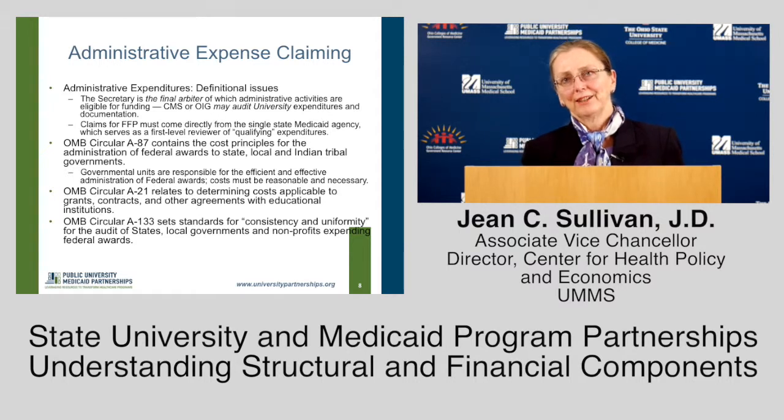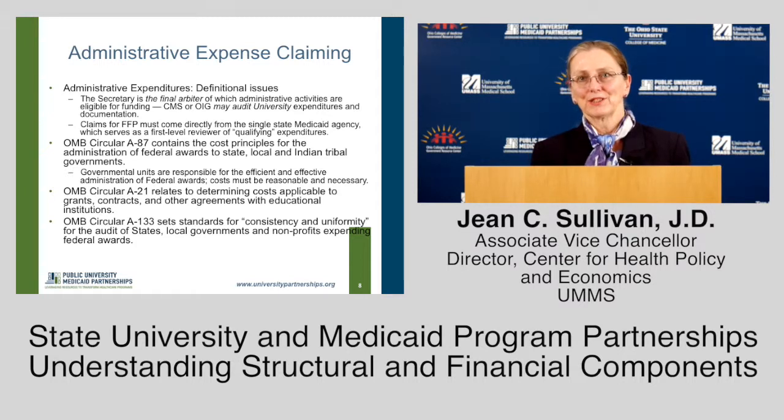However, the final arbiter of what is recognized as necessary to the proper and efficient operation of Medicaid is the Federal Oversight Agency, which is the Centers for Medicare and Medicaid Services, or CMS, and the Office of Inspector General for the U.S. Department of Health and Human Services also is involved in the oversight of the Medicaid programs nationwide, and frequently and regularly audit expenditures submitted for federal matching.